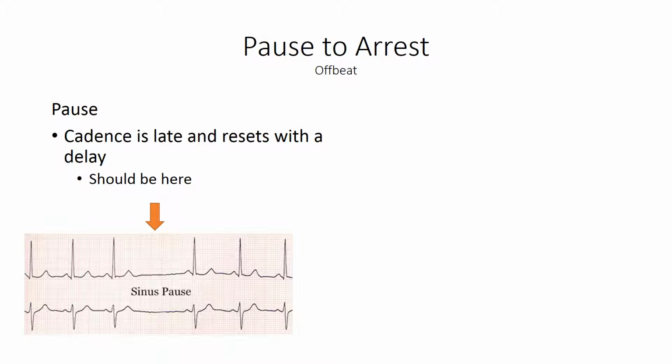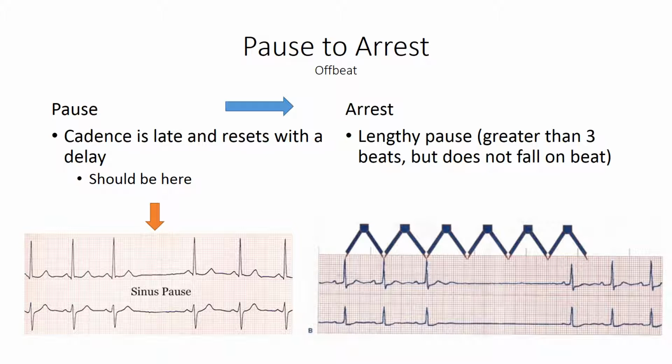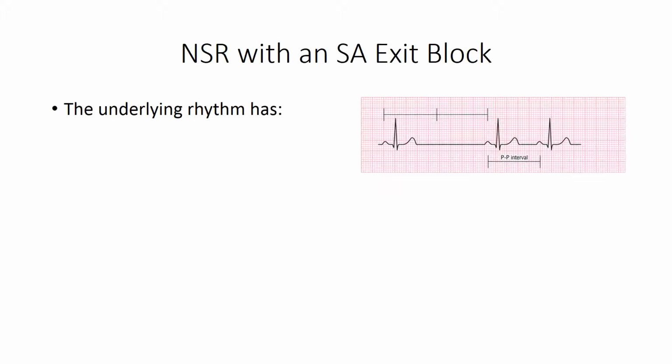Now that can occur quickly. That pause could be quick, or it can be prolonged. If it is a lengthy pause, we call it an arrest. A missing beat that returns in the normal cadence is called an exit block.